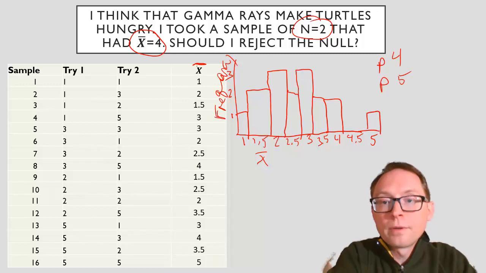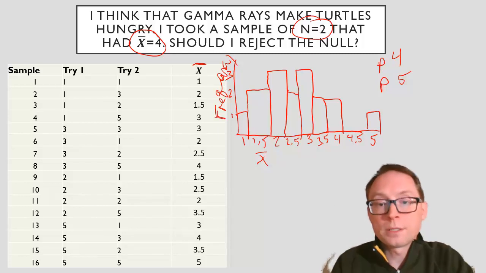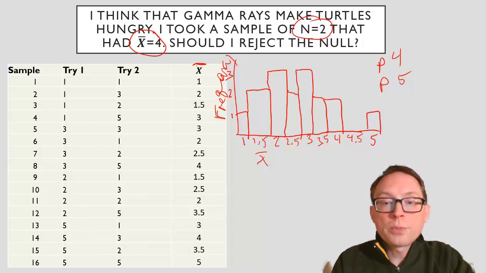What's the probability of getting a mean of 4 pizzas or more than 4 pizzas? That's what that says. In this particular case, the probability of 4 is 2 divided by 16, because there are 16 possible outcomes.